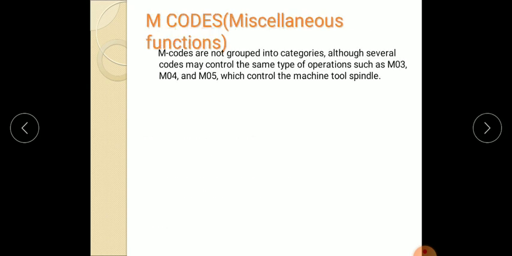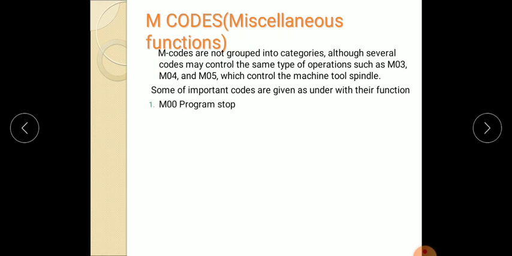Next, M code. M codes are not grouped into categories. Although several codes may control the same type of operations, such as M03, M04 and M05, which control the machine tool spindle. Here some of the important codes are given as under with their functions.